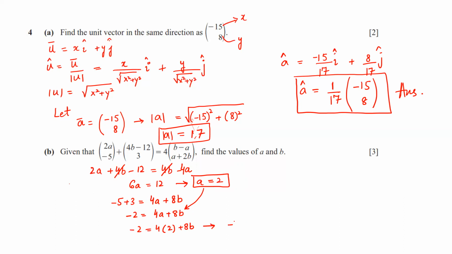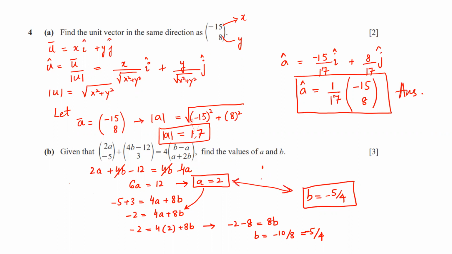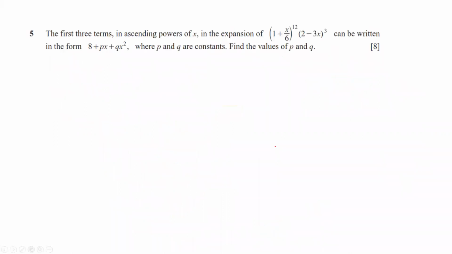This gives minus 2 minus 8 equals 8b, and b is equal to minus 10 by 8, or minus 5 by 4. So the value of b is minus 5 by 4. So again, a is 2, b is minus 5 by 4, and this is the answer. Find out the values of a and b for our case.